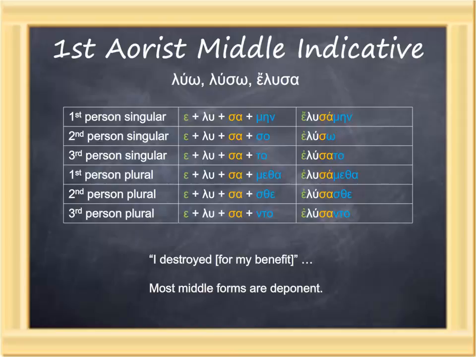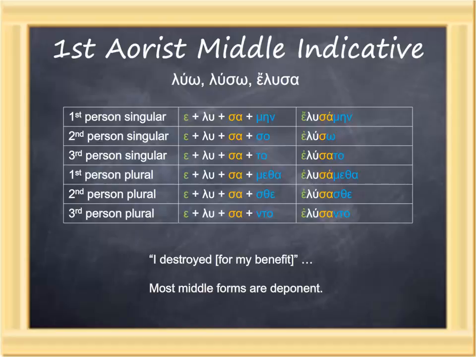This chart shows the middle forms of Leo in the first aorist. The middle column displays each of the parts clearly: augment, stem, tense formative, secondary middle passive ending.